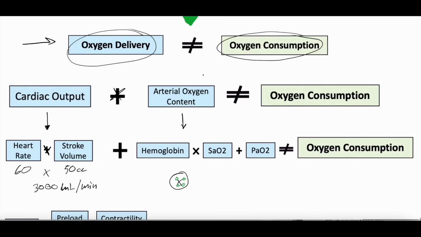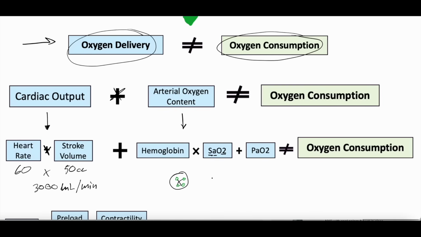So the amount of oxygen in the arteries is going to be proportional to the hemoglobin. The more hemoglobin we have, the more oxygen it's carrying. The amount of oxygen that hemoglobin is carrying is proportional to the oxygen saturation, the SaO2, the arterial oxygen saturation, and you can measure that on the pulse oximeter on the monitor.